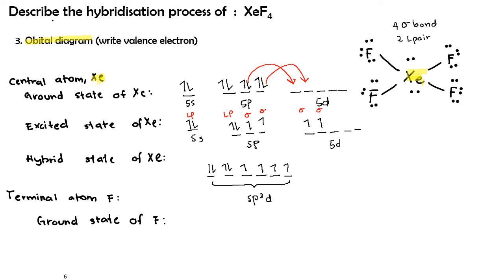Okay, so here will be sp3d2, and the rest of this will be 5d unhybrid orbital. And then for fluorine, it will be 2s2 and 2p5.